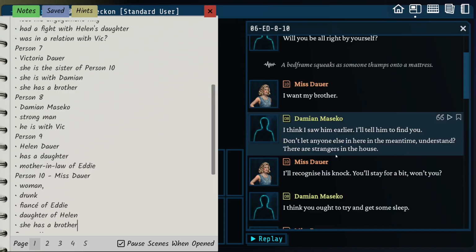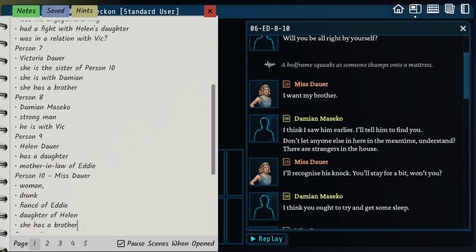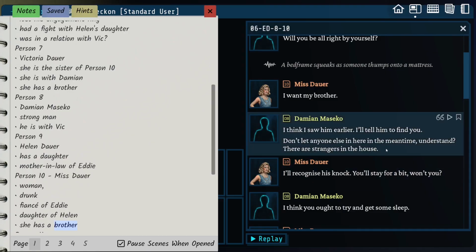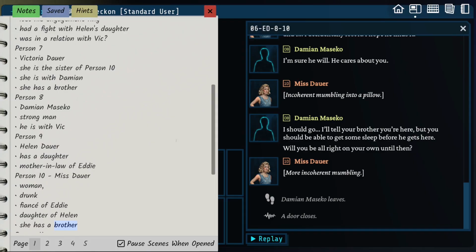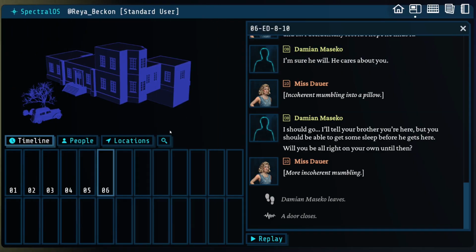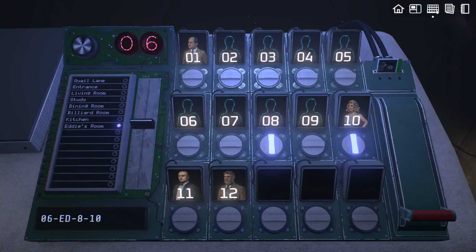So if we figure out which button is the brother, we can watch the next scene in this room with Miss Dower and the brother. Alright. And now what?